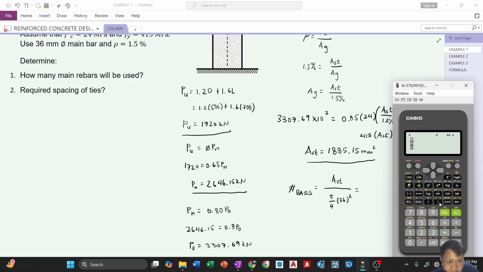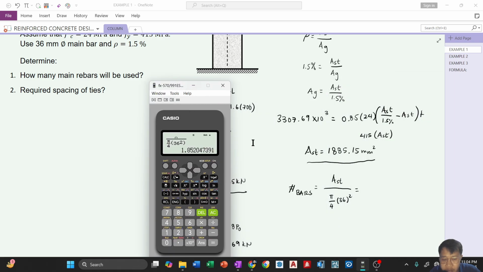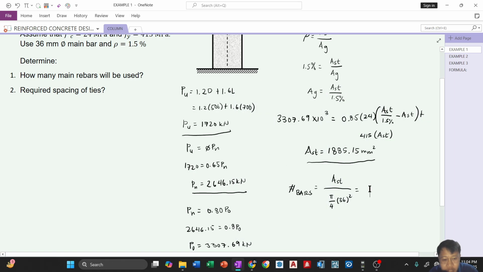Where is the pi here? Okay, so x divided by pi over 4 36 square, and this is equal to 1.85 pieces. Okay? So the number of bars is 1.85 pieces or approximately 2 pieces.